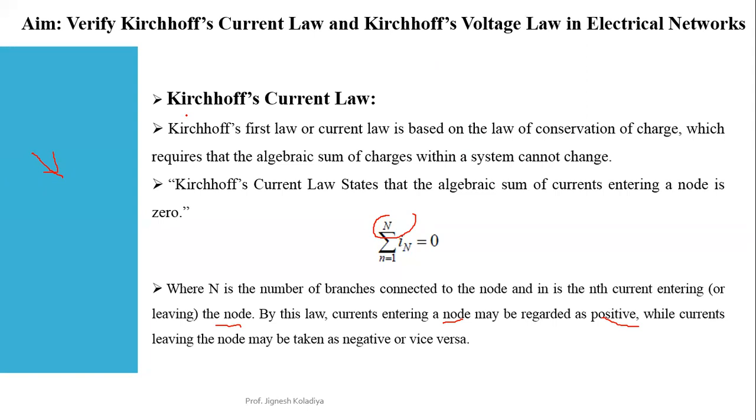So in short, we can say that in a network, the algebraic sum of currents at a particular node is equal to 0. Okay. Also, you have to remember that Kirchhoff's current law is based on the law of conservation of charge.